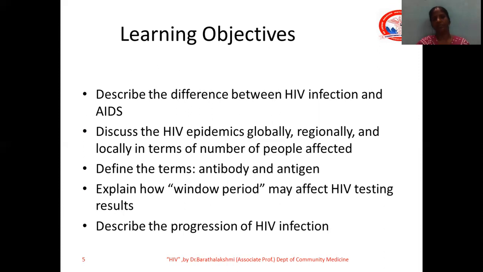Next is the progression of HIV infection. I was already saying about the CD4 cells. The normal CD4 count is 800 to 1200. And HIV targets the CD4 helper cell. That is the cell which the HIV virus intrudes into, and it converts the cellular DNA into viral DNA.